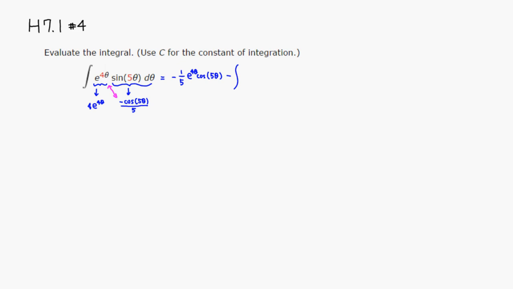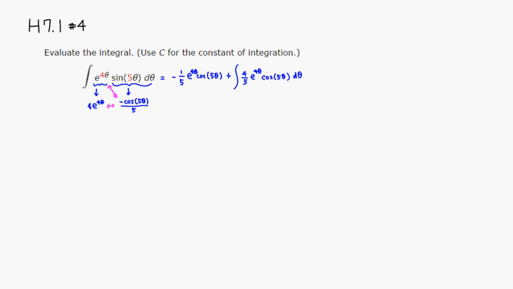Then we multiply sideways, so we have 4/5 e^(4θ) cosine of 5θ dθ. And I forgot the negative sign, so I incorporate the negative sign to make it a positive there.